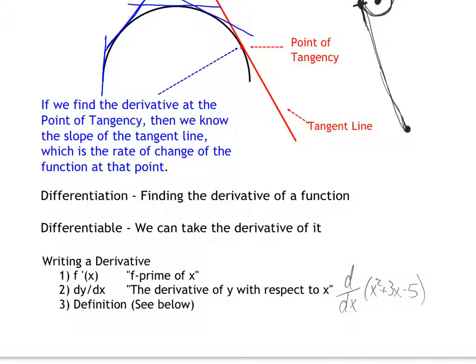That would say the same thing as if you had said, hey, y equals x squared plus 3x minus 5, and then you write dy dx. Okay, so that notation there is something you need to be familiar with, and we use both types of notation, the primes and the dy dx. In fact, IB even tends to use more of this dy dx notation.